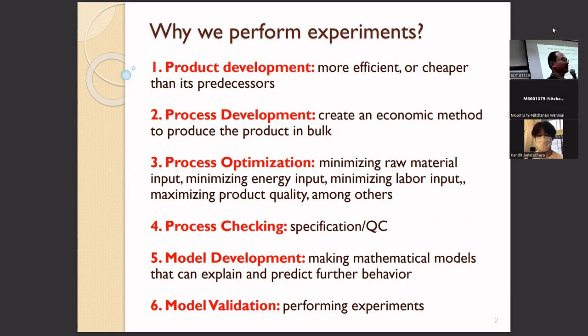Now we use technology, automatic robotics instead of labor, to save money. And we also have to maximize product quality. You minimize cost, labor and raw material, but you need to maximize product quality. It's very important.